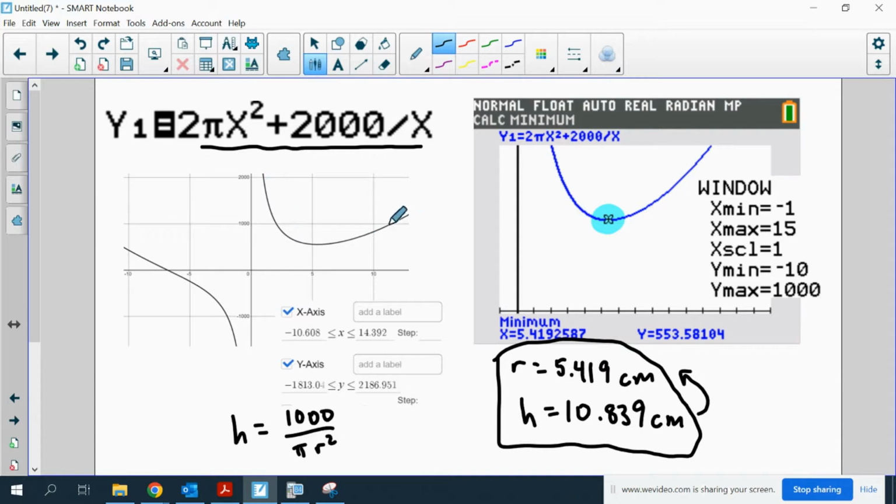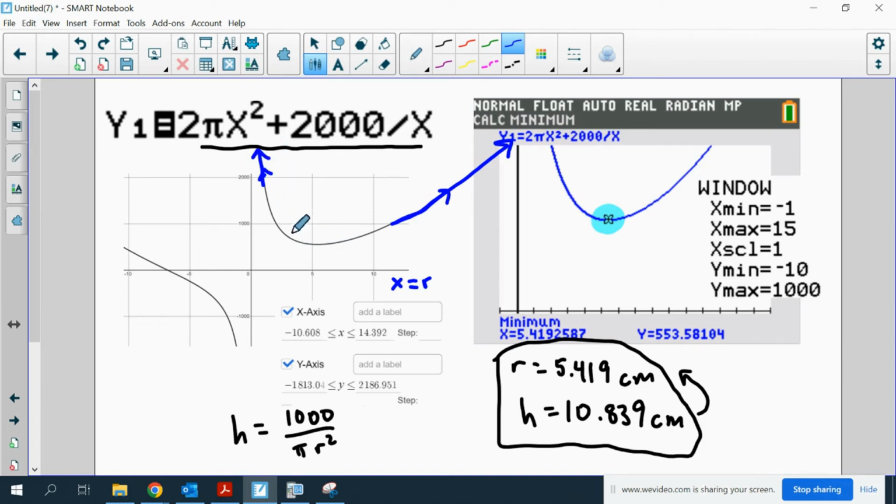And I just wanted to put a graph of what it looks like in big picture terms and then a smaller graph over here. In the big picture, notice that there are a lot of negative values that are not part of the domain that we're not going to deal with. And since x represents the radius, if you make the radius really, really big, or the radius really small and the height really big, you're going to end up with very large surface areas.